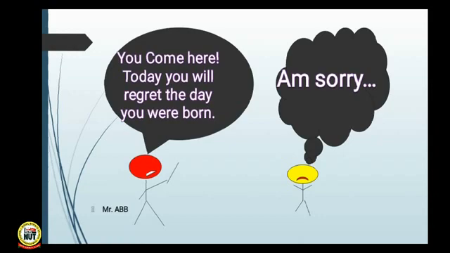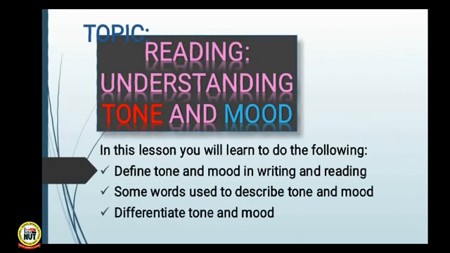All right. Now, do you have an idea of what we are about to discuss? Yes. All right. If you don't, or if you have, is it related to this? We are looking at a topic titled Reading, Understanding Tone and Mood.